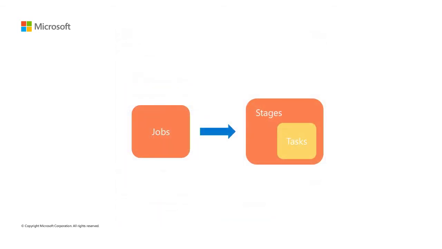Now, if you're familiar with Databricks or Spark, you know that all data that comes in gets turned into a job. And these jobs are processed within a single stage or multiple stages, right? And within these stages, there are multiple tasks churning on the job allocated to that particular stage.